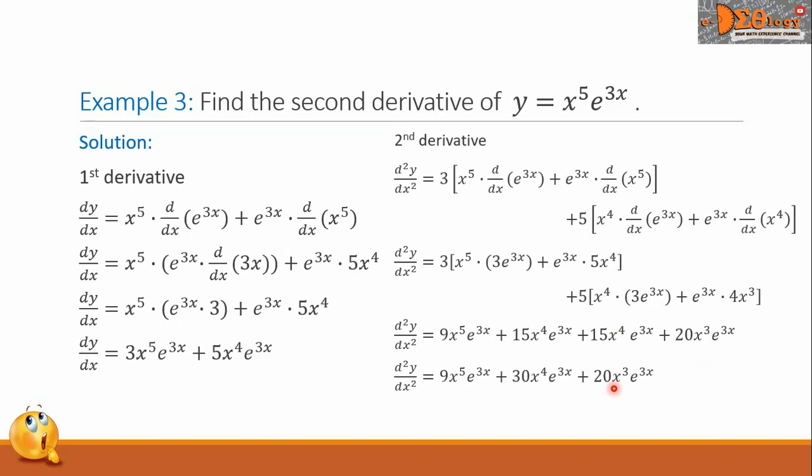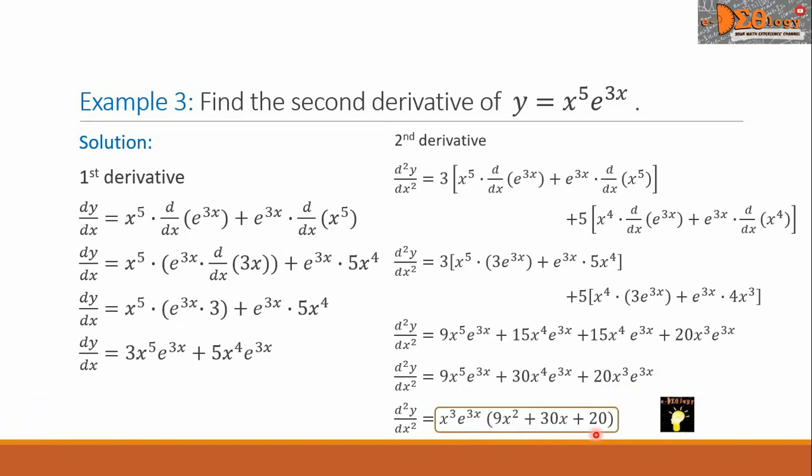And the common is x cubed and e raised to 3x. Factoring out that common term, we have x cubed e raised to 3x times the quantity 9x squared plus 30x plus 20. This is our final answer.